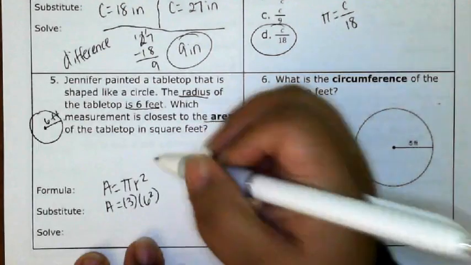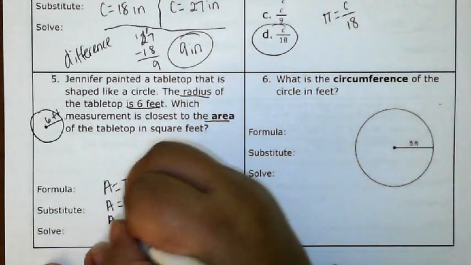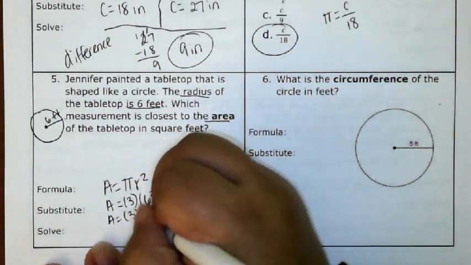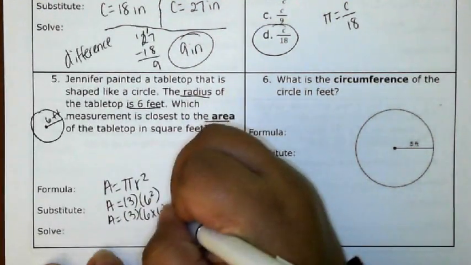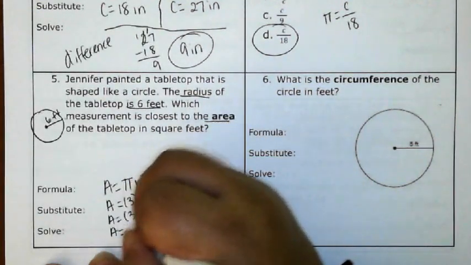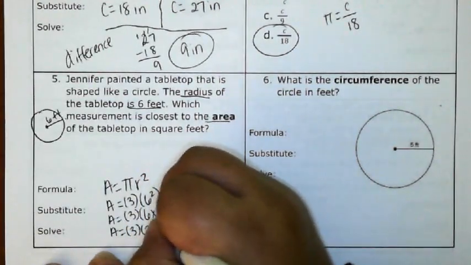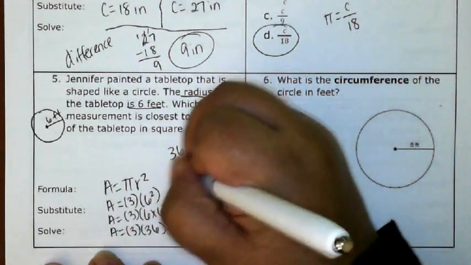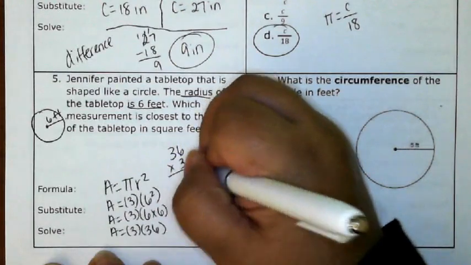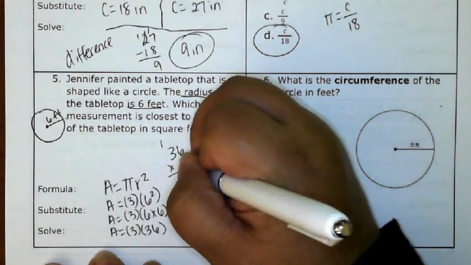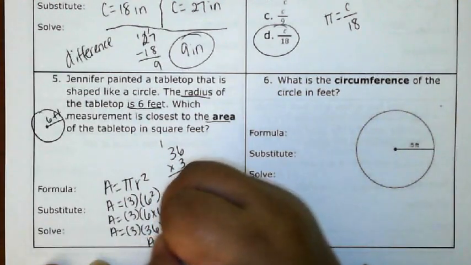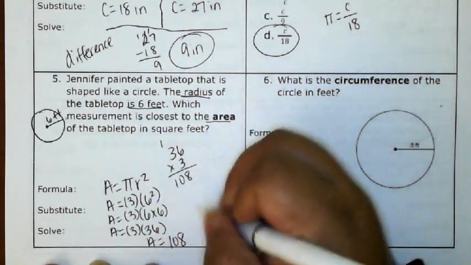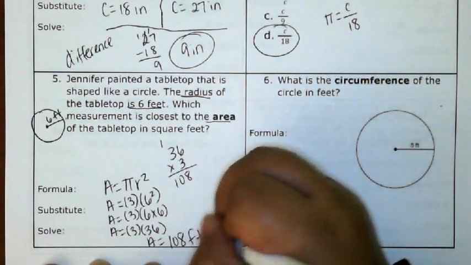Now remember we have to expand 6 squared, so that's going to be 3 times 6 times 6. 6 times 6 is going to be 36. Now I have to multiply 36 times 3. 6 times 3 is 18. 3 times 3 is 9 plus 1 is 10. So my final answer is going to be 108 feet squared.